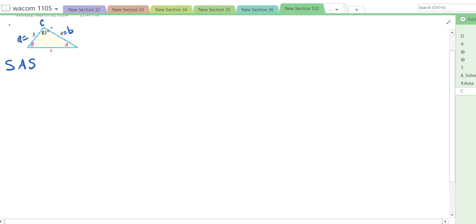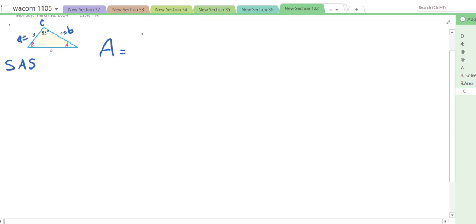So from my formula, I have the two sides. I have sides B and A, so A and B, and I have the angle in between, C. So I need this formula.